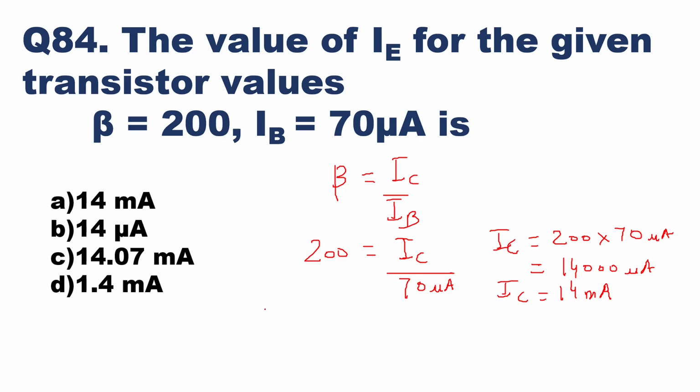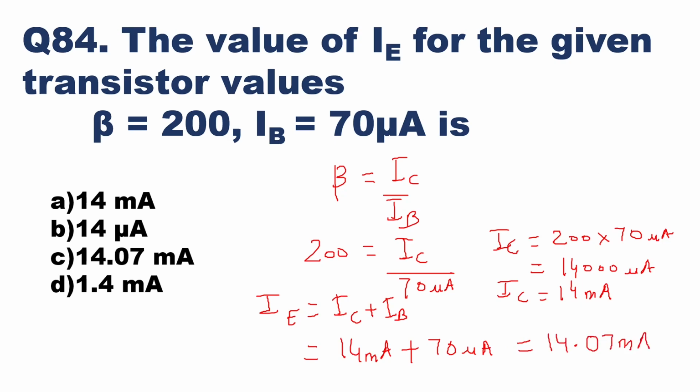But in the question it has been asked what is the emitter current IE. Now we know that emitter current is equal to collector current plus base current. So we have collector current as 14 milliamperes and base current as 70 microamperes.